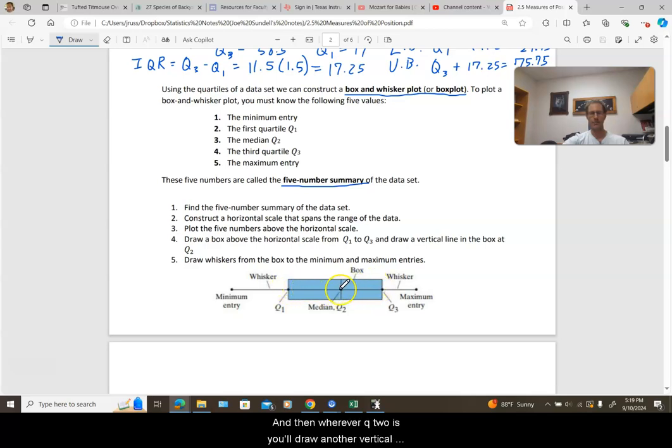And wherever Q2 is, you'll draw another vertical bar, and that represents the median. The left whisker comes from the lower end of the interquartile range, Q1, down to the minimum, and the rightmost whisker comes from the upper end of that interquartile range, or Q3, to whatever the maximum is.